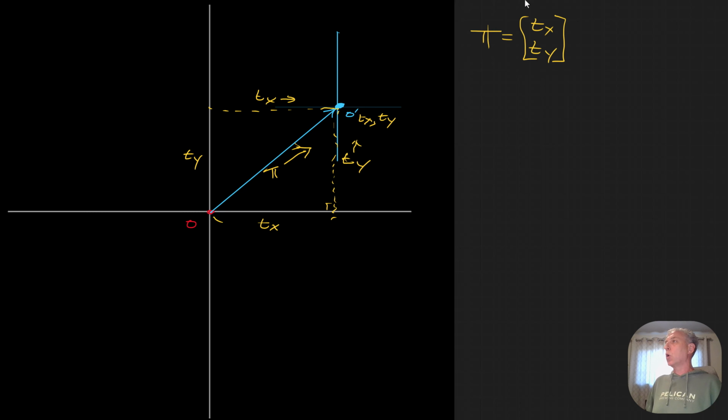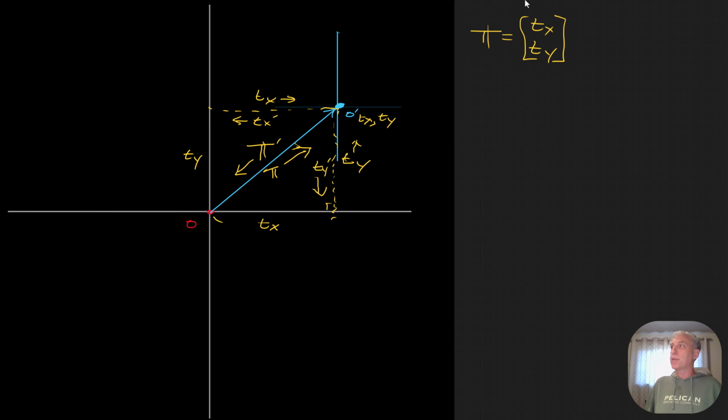Now there's also a t prime vector, which is based on going the opposite direction. So that would be tx prime, which is in that direction, and ty prime, which is the opposite direction.